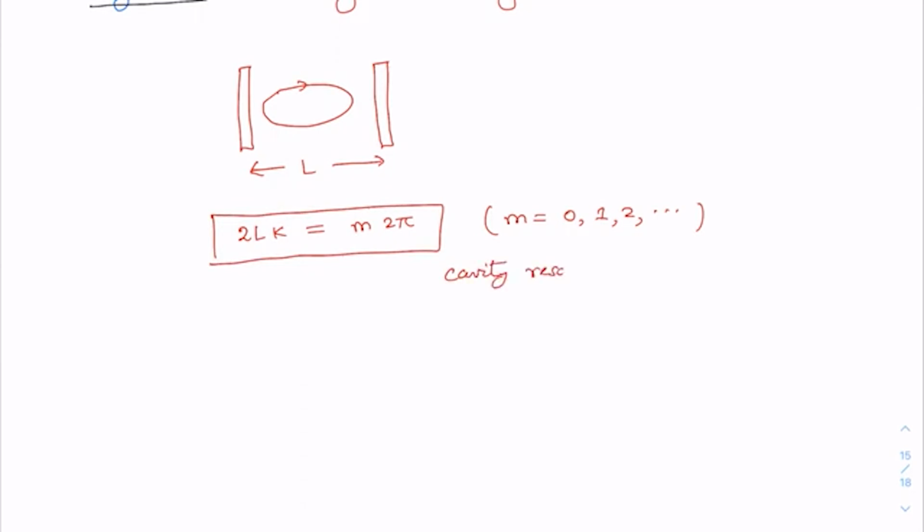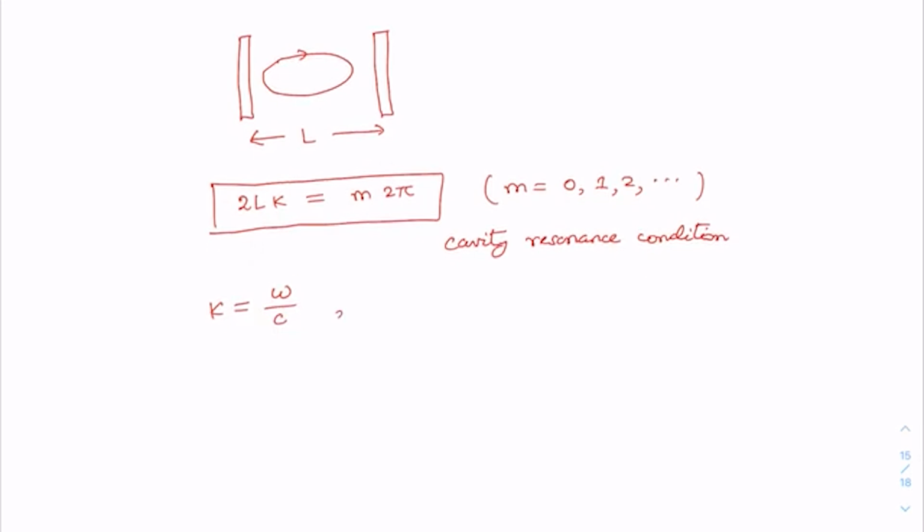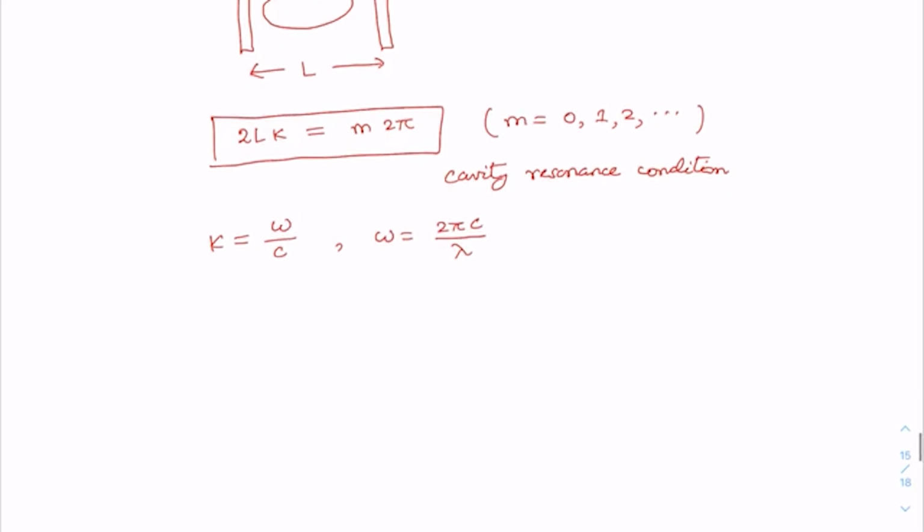In fact, you know that k, the wave vector, is associated with the angular frequency of the wave omega by this relation, k is equal to omega by c. Again, you know that omega is equal to 2 pi c by lambda, where lambda is the wavelength of the radiation.